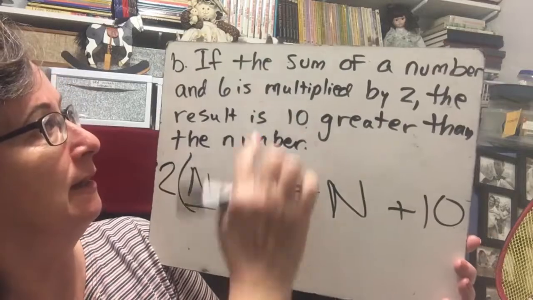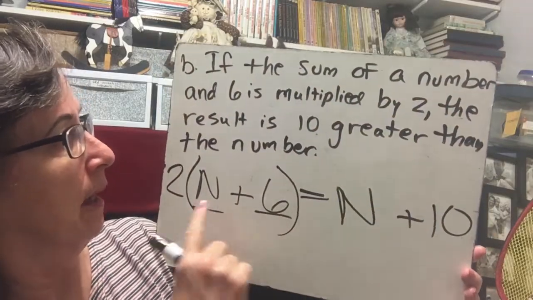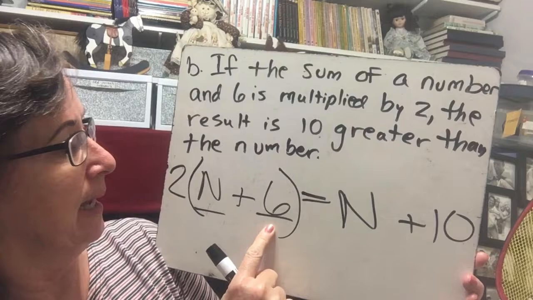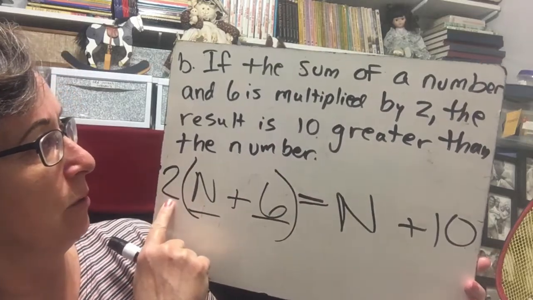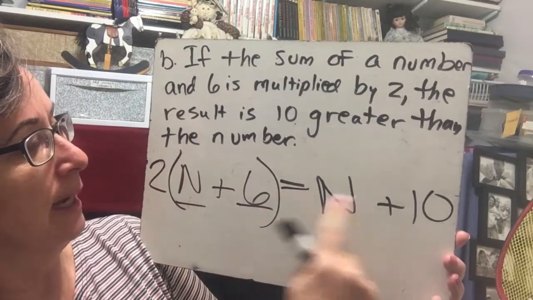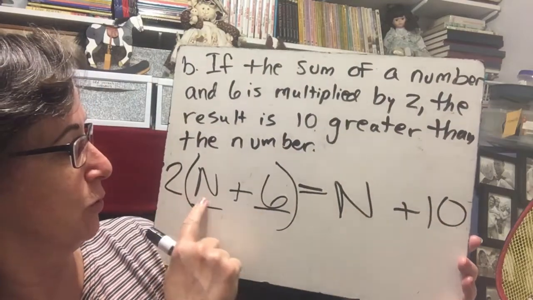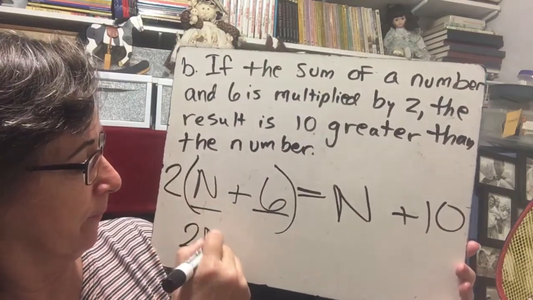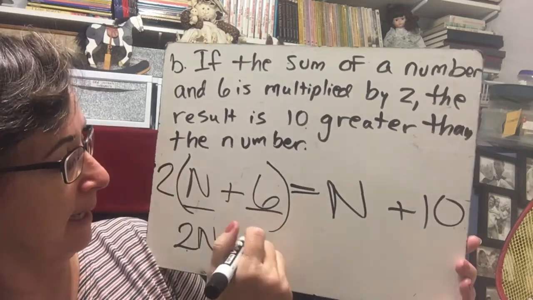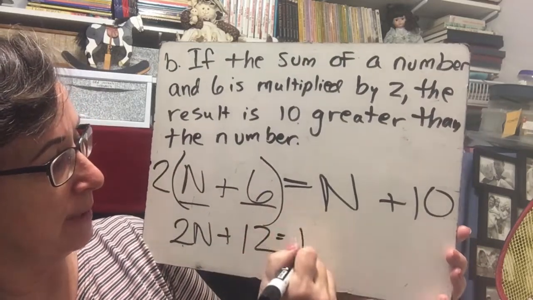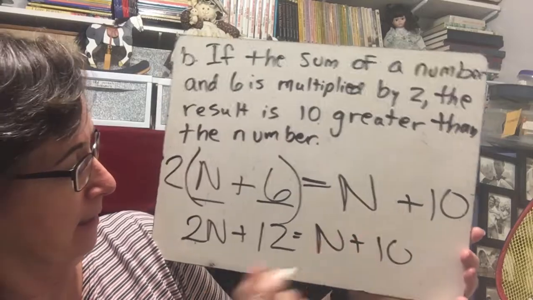Okay, read it again. If the sum of a number and 6 is multiplied by 2, the result is 10 greater than the number. So 2 times n plus 2 times 6 is 12 equals n plus 10.